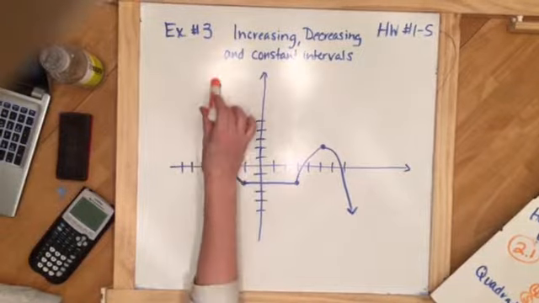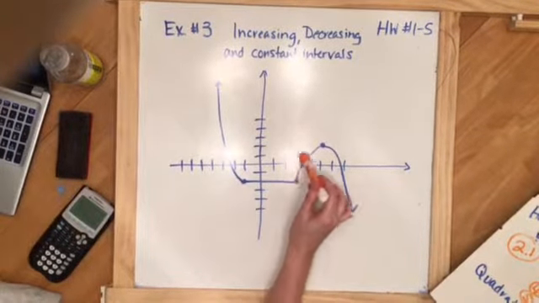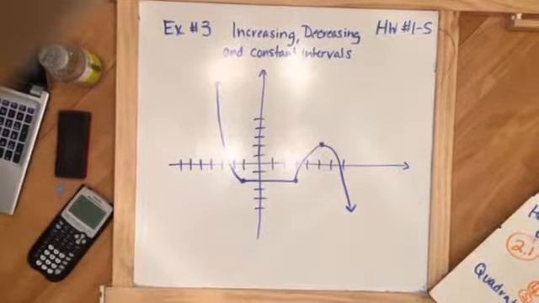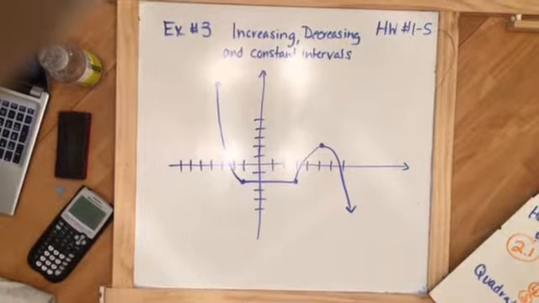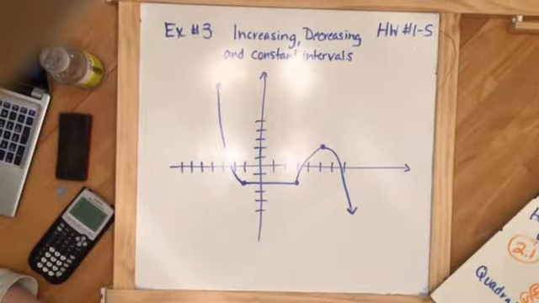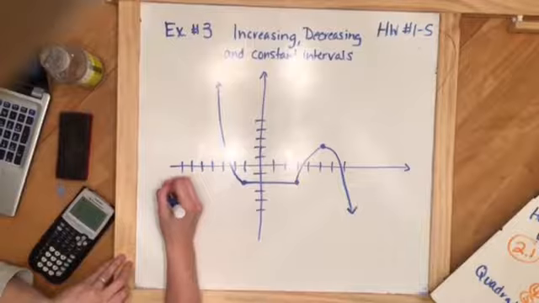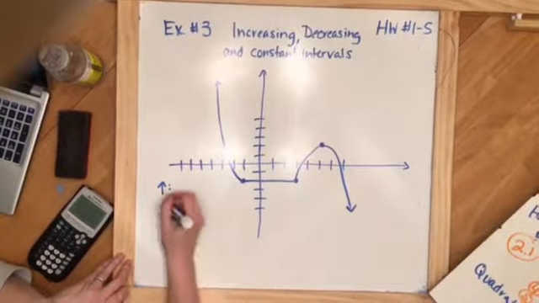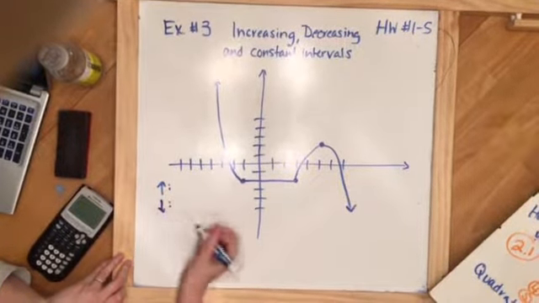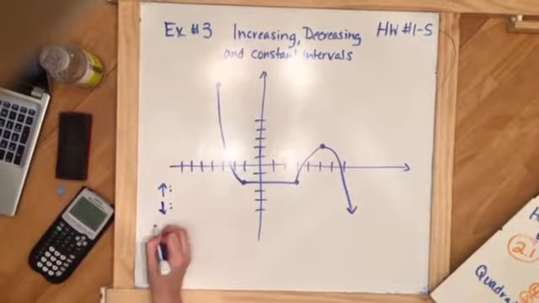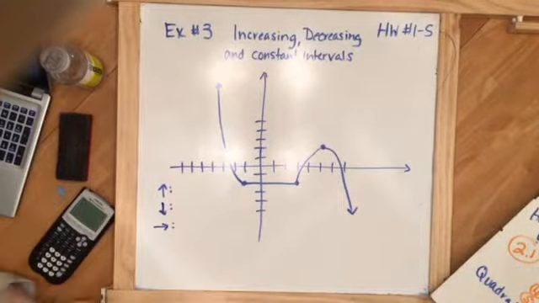So that means our function here is in 4 pieces. And so what we want to do here is label our increasing intervals. I'm just going to do that with an up arrow. Our decreasing intervals, a down arrow, and then our constant intervals.